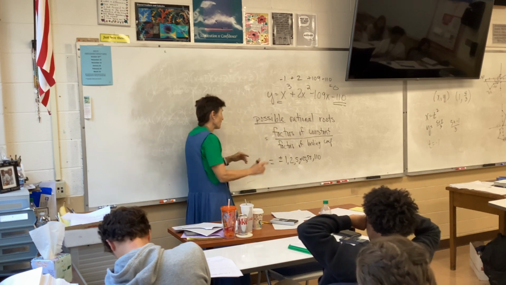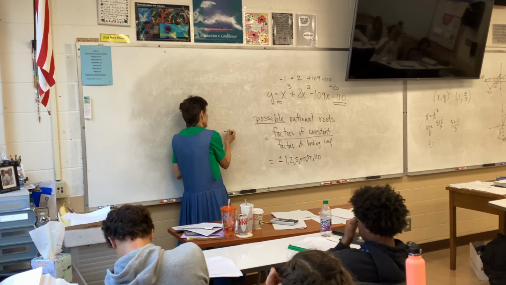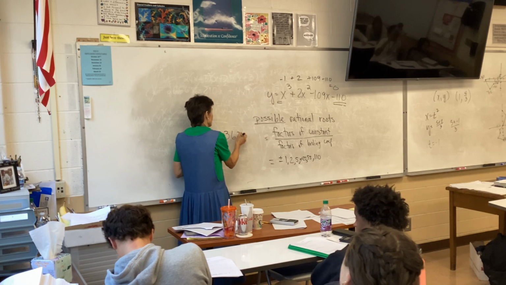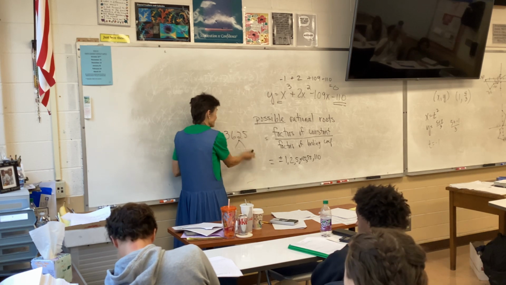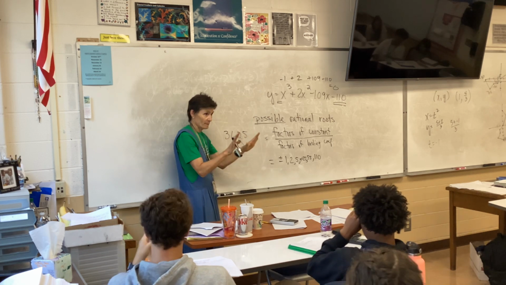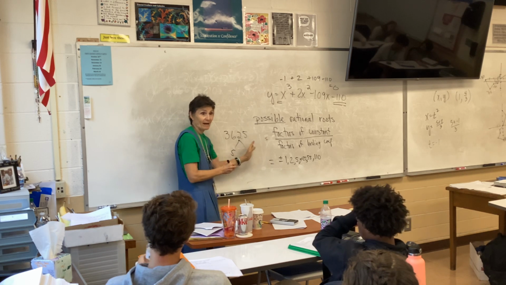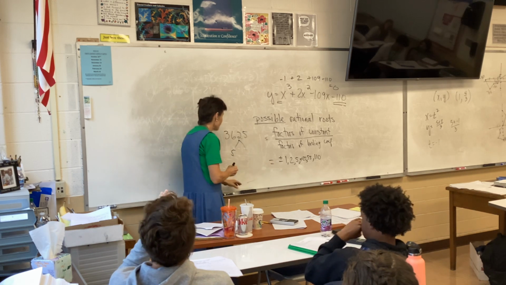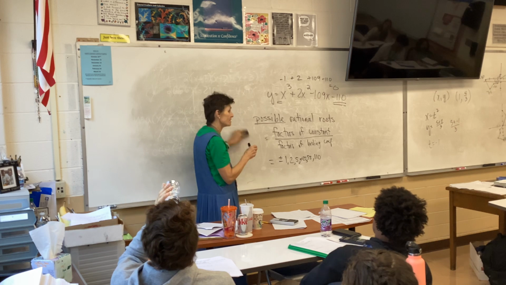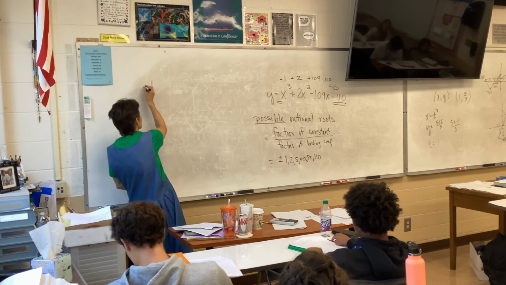Just like if I gave you a big number, like 300 or 3,625, and I said break this down. Well, you look at that number, probably most of you would say, well, I know 5 goes into it, so you're going to divide the 5 out. Well, you know negative 1 goes into this, so we're going to divide it out. And we're going to divide it with synthetic division.